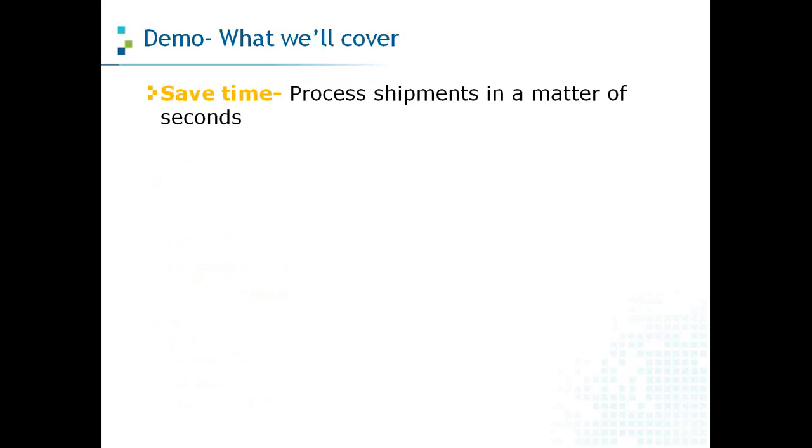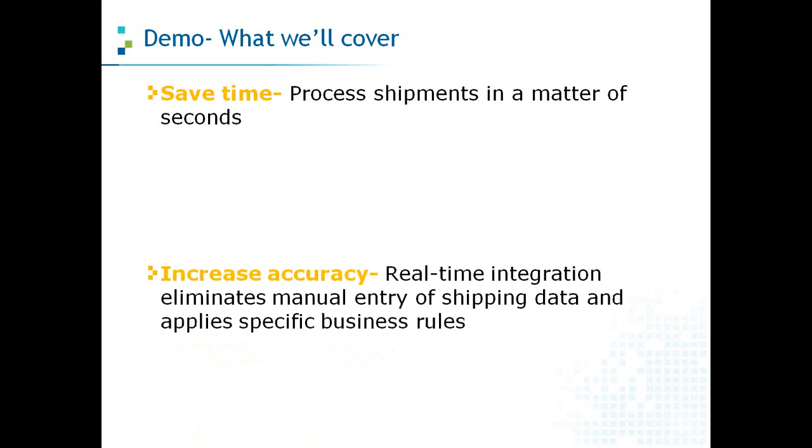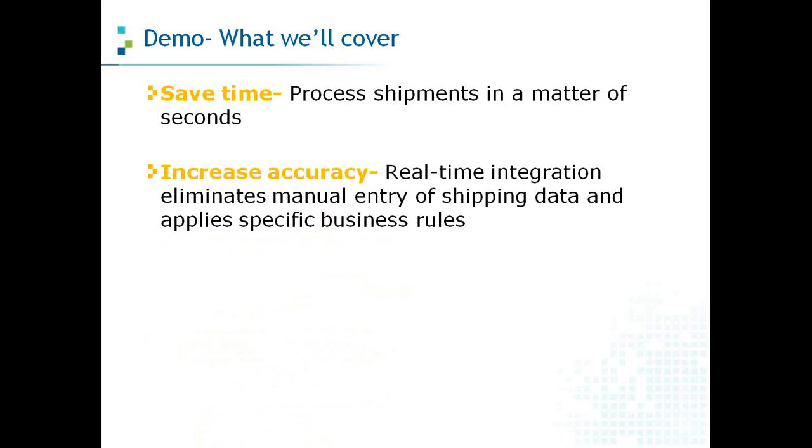So when we show the demo next, we're going to process shipments, and you'll see that it can perform a shipping transaction in a matter of a few seconds. You'll definitely be able to increase accuracy because the real-time integration eliminates the manual entry of shipping data into the UPS WorldShip or the FedEx Ship Manager.